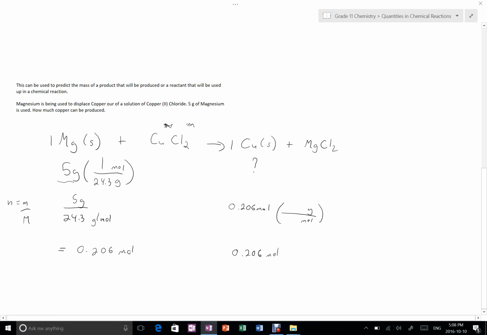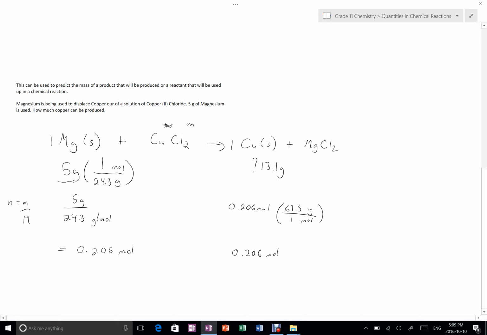And that means I need the molar mass of copper. Molar mass of copper is 63.5. So there's 63.5 grams of copper in every 1 mole of copper. Those two end up being multiplied together. So I get 13.1 grams of copper.